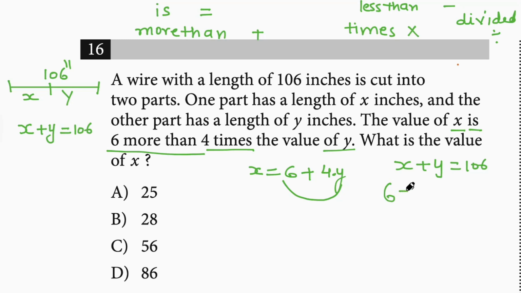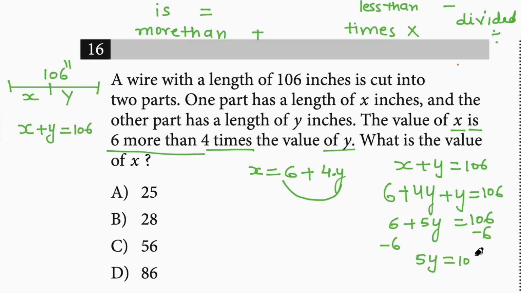So that is 6 plus 4y plus y is equal to 106. 6 plus 4y plus y is 5y, equal to 106, and subtracting 6 on both sides, 5y is equal to 100, dividing by 5 on both sides, so y is equal to 20.